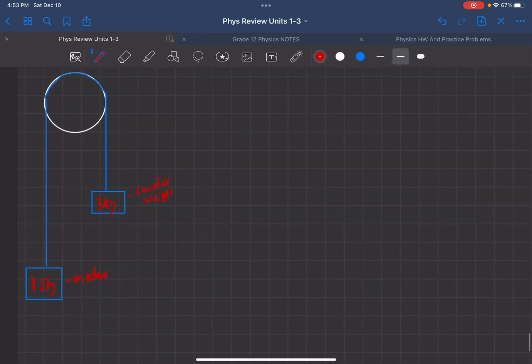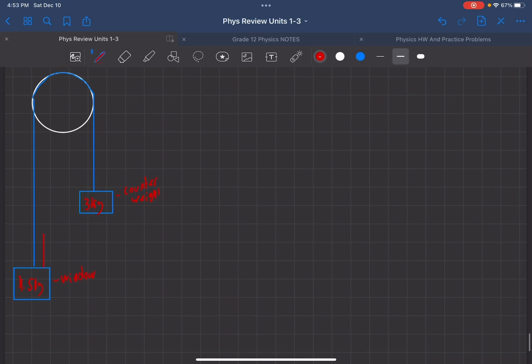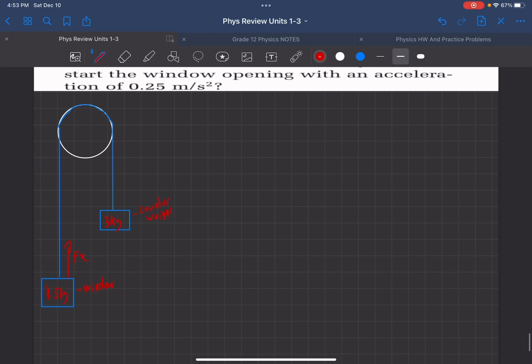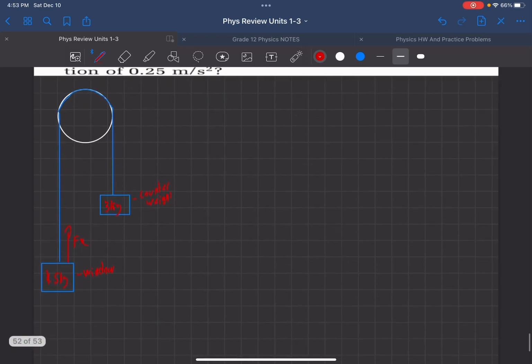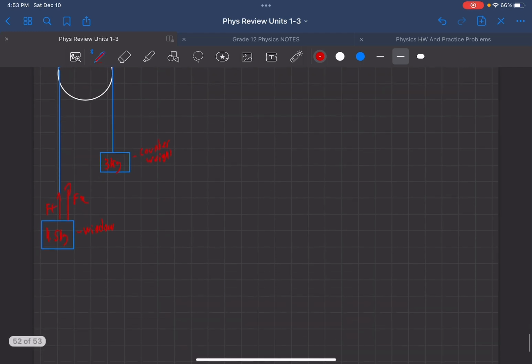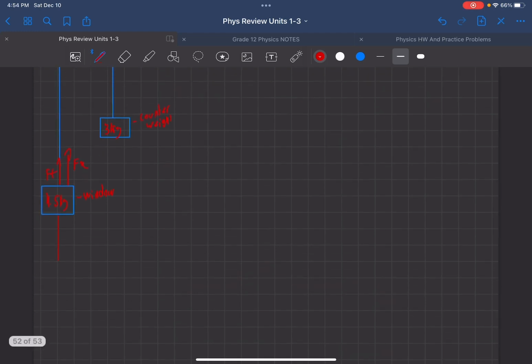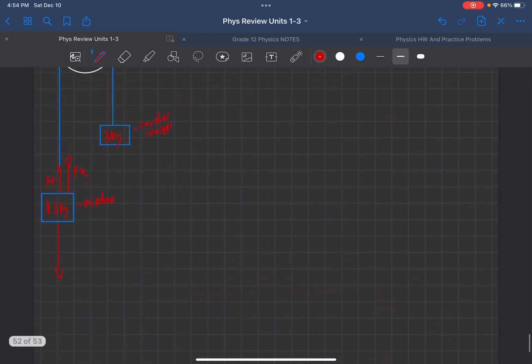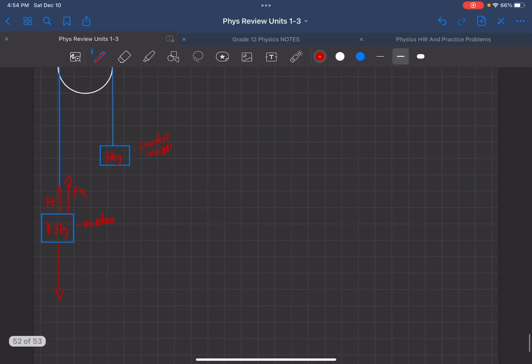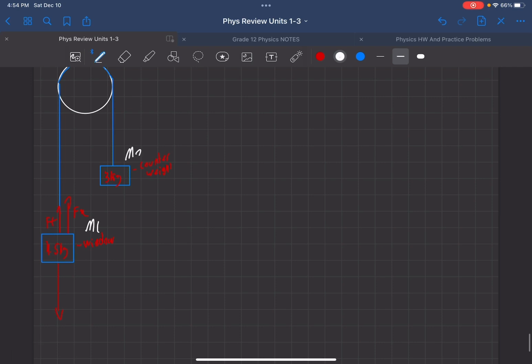So we know we're going to have to find the applied force. So applied force on this window. And what other forces are acting on this window? Well, we have the force of tension and we have the force of gravity that is proportional to the first mass, so I'll call this mass 1, and this is mass 2.